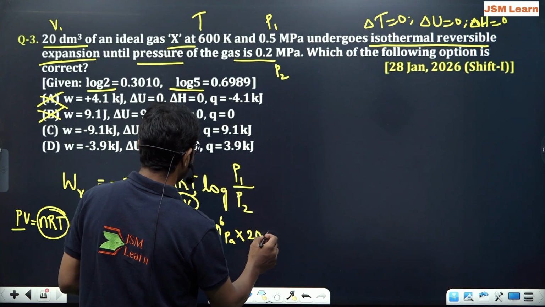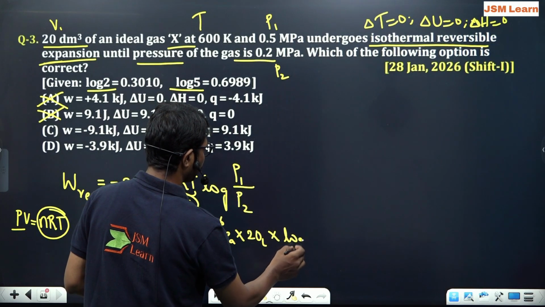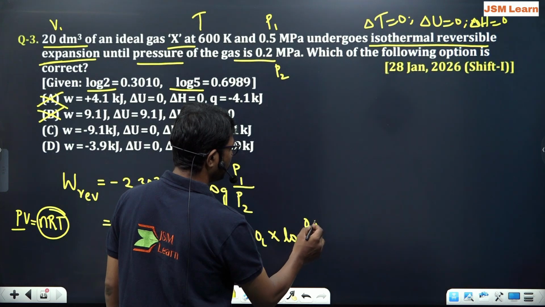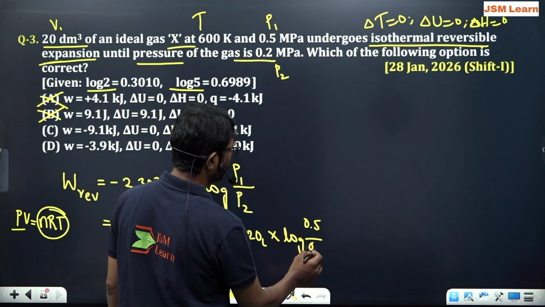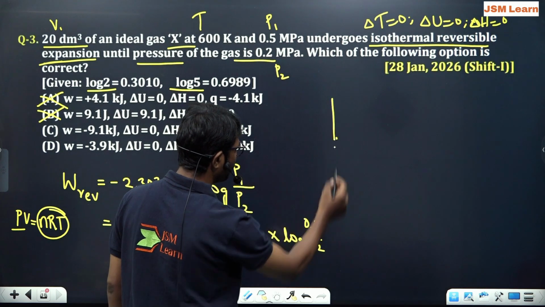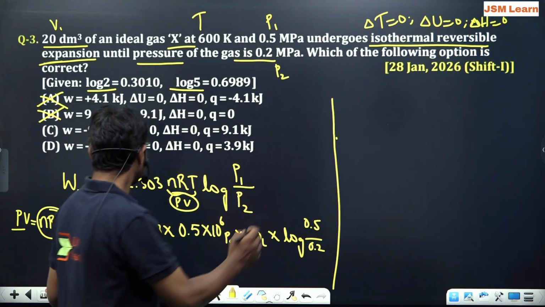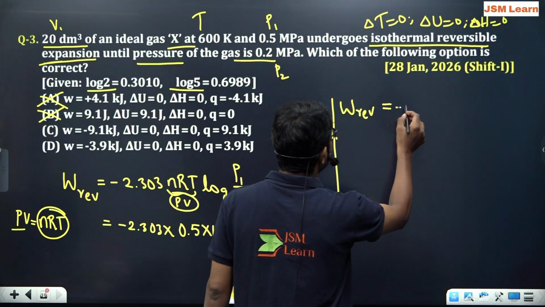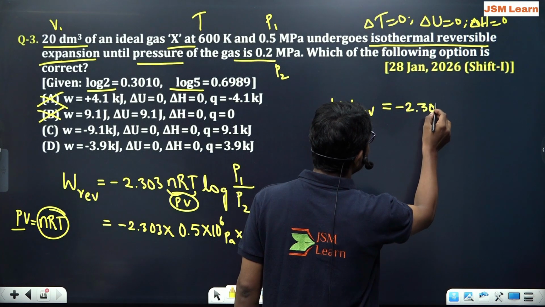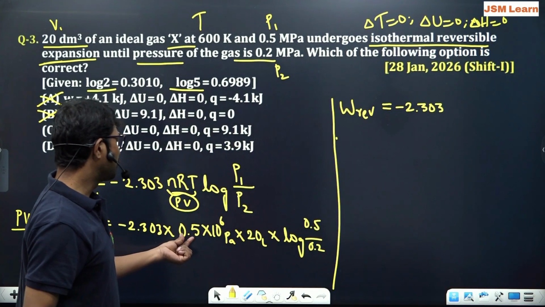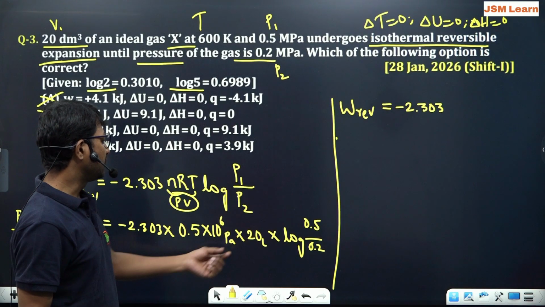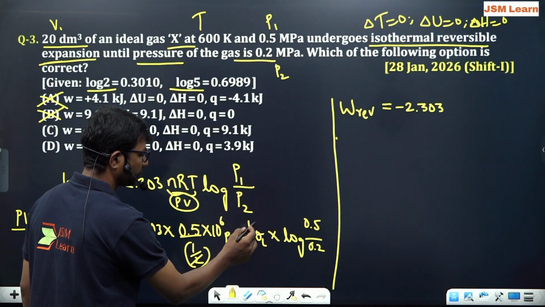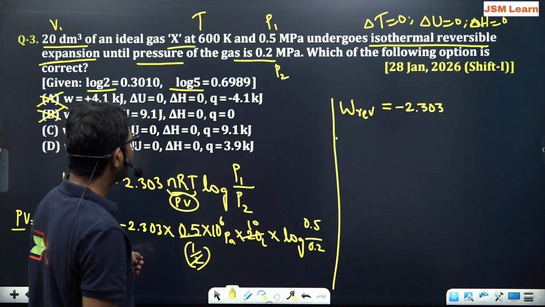Now multiplying this by log of P1, 0.5, minus log of P2, 0.2. So now W reversible is equal to minus 2.303 times the value 0.5 multiplied by 20. If I write 0.5 as 1 by 2, what does it come to? 10.